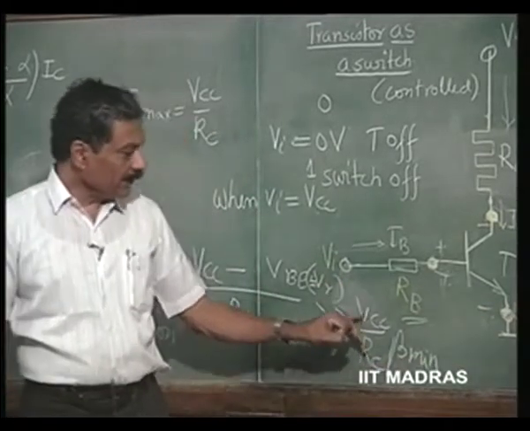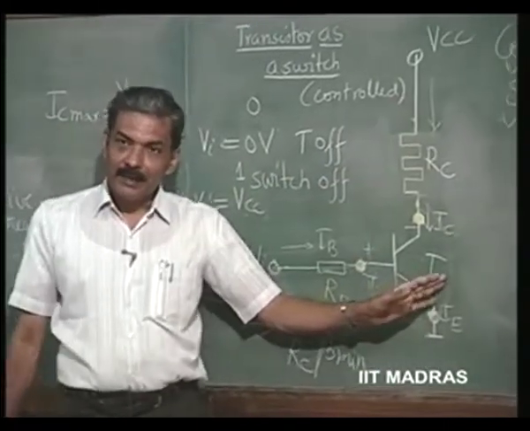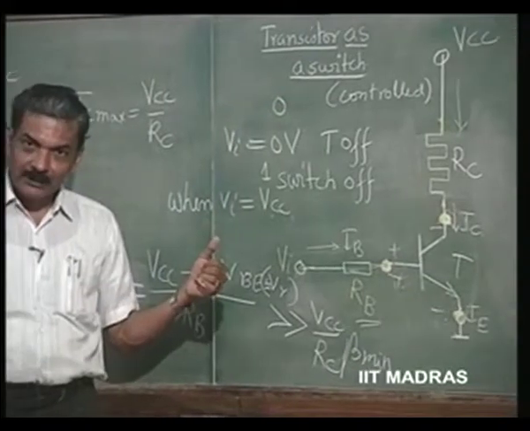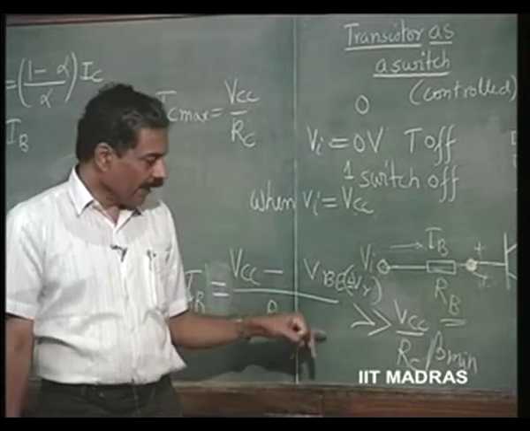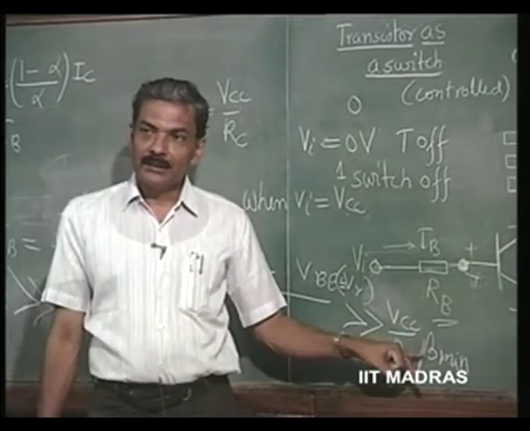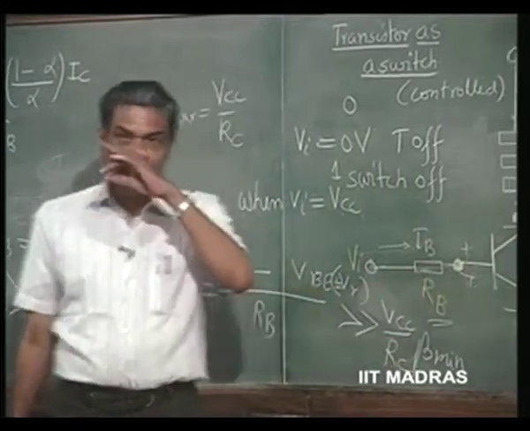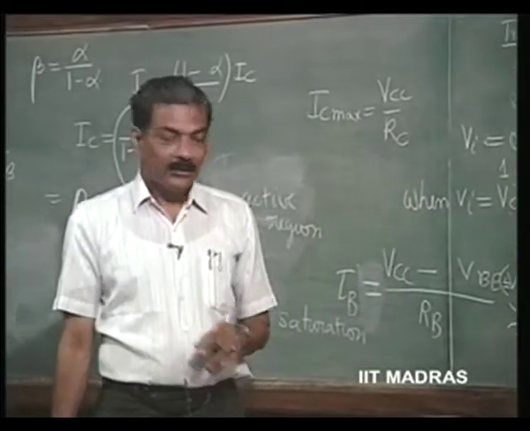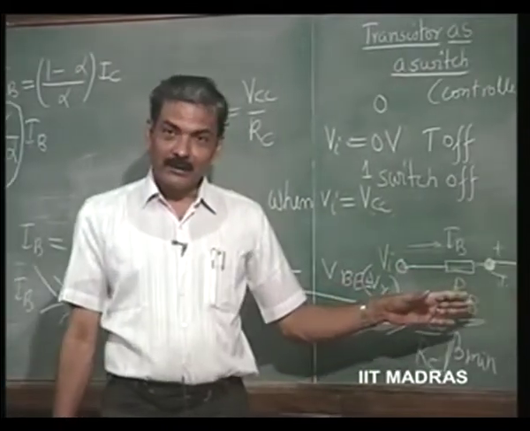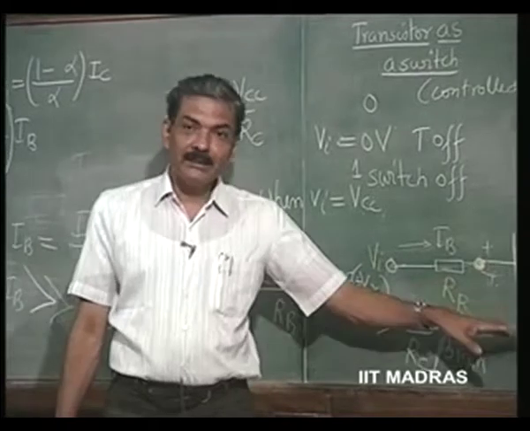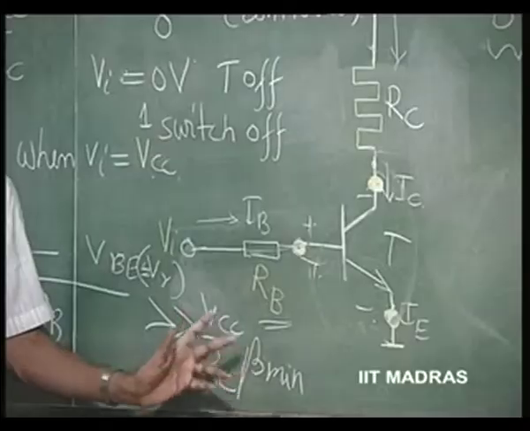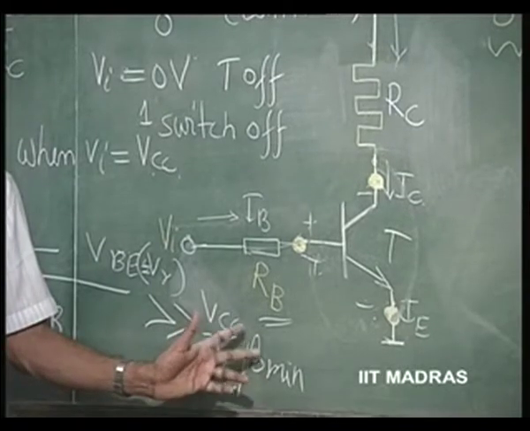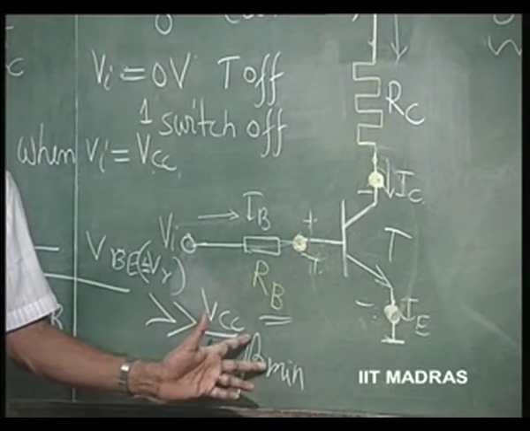So, VCC by RC is the maximum current, and that divided by beta minimum is the base drive that must be exceeded. So, the base current should be greater than that. If you make it too large compared to that, then it might damage the junction. So, that is why this is called a current limiting resistance. RB cannot be made too small, RB cannot be made too large.